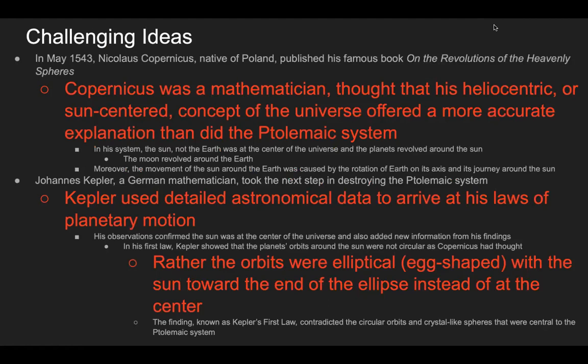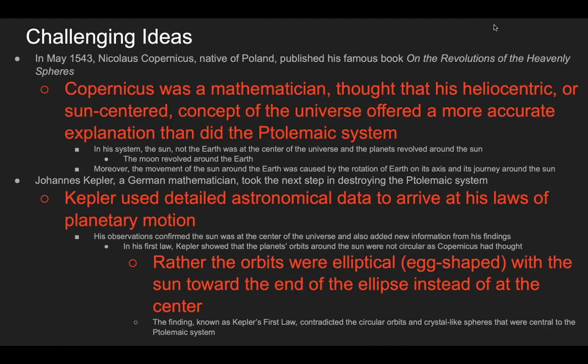In May 1543, Nicholas Copernicus, native of Poland, published his famous book on the revolutions of the heavenly spheres. Copernicus was a mathematician, and he thought that his heliocentric, or sun-centered, concept of the universe offered a more accurate explanation than the Ptolemaic system. In his system, the sun, not the Earth, was at the center of the universe, and the planets revolved around the sun. The moon revolved around the Earth.